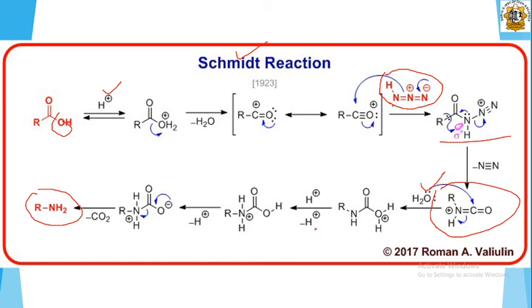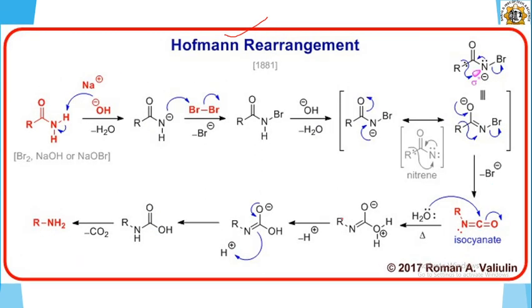So there is no need to discuss this right now. We'll just be discussing similar reactions. So Hoffman is another reaction with a similar kind of mechanism, because here also the isocyanate forms as a similar intermediate, but the difference is we use a terminal amide in the Hoffman reaction, then treat with bromine and NaOH.